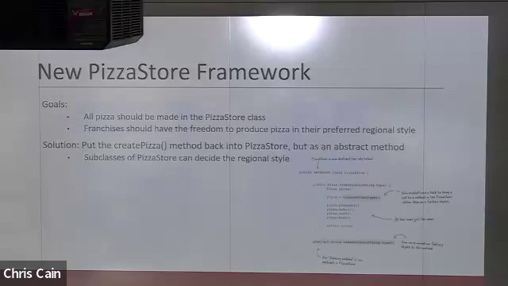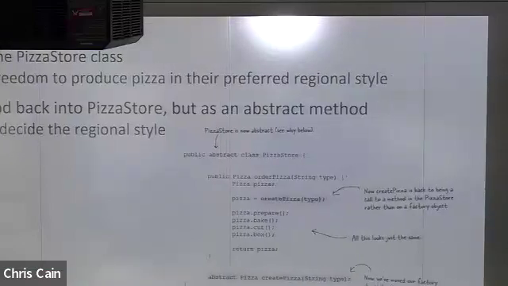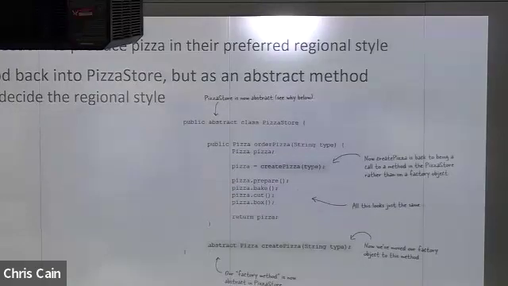What does this look like? We'll make an abstract class with an order pizza method. We'll make a pizza. We'll instantiate that pizza by calling create pizza. And it needs to link the type that's passed in as a parameter so that that happens.